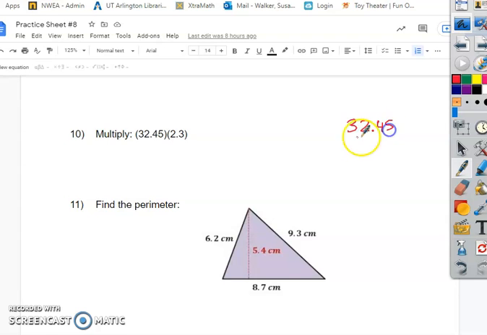Okay, number 10, you're going to do it yourself, but you do not line up your decimals because we are not adding and subtracting. We are multiplying and dividing. Okay, so you are going to multiply 3 times 5, 4, 2, 3. Okay, then you go to the next row and you multiply 2 by 5.